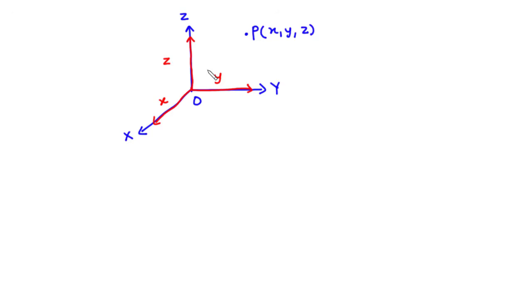Therefore, we say that the vector OP is the position vector of P with reference to O. So this is the vector OP.